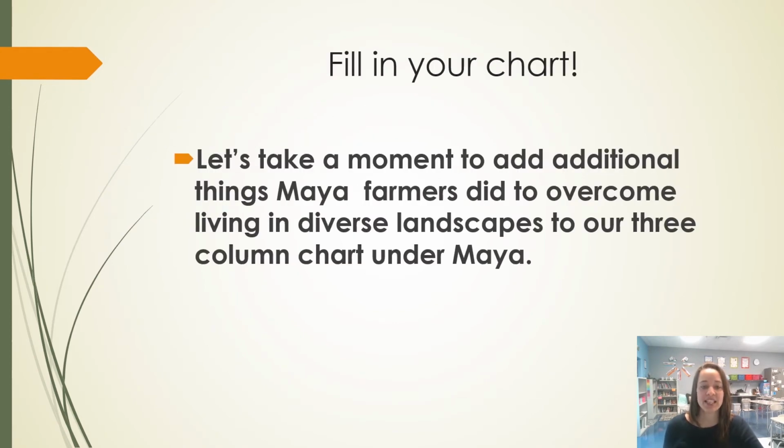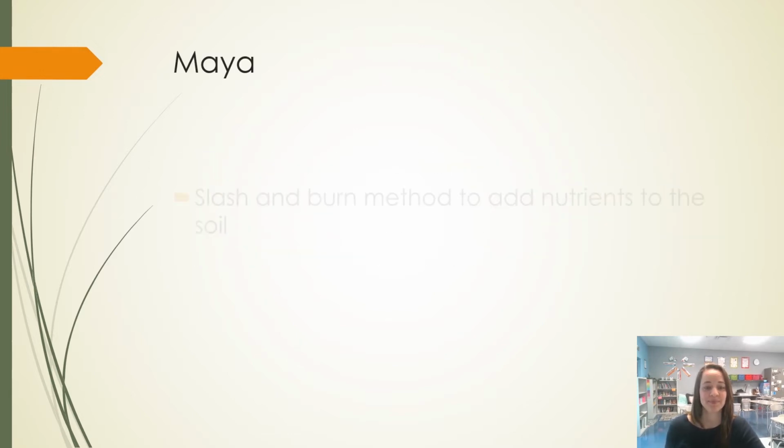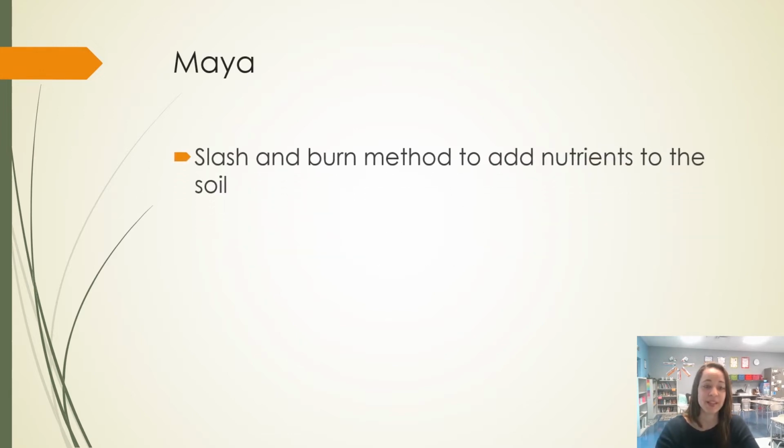Let's take a moment to add additional things Maya farmers did to overcome living in diverse landscapes to our three-column chart under Maya. First, we will add slash and burn method to add nutrients to the soil.